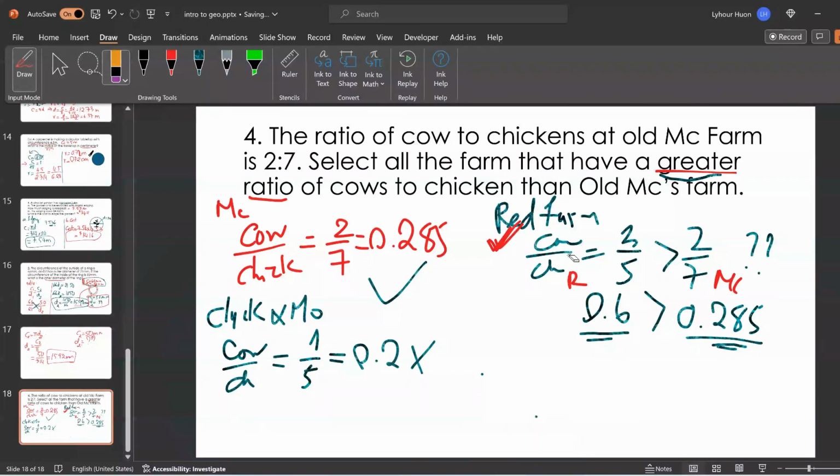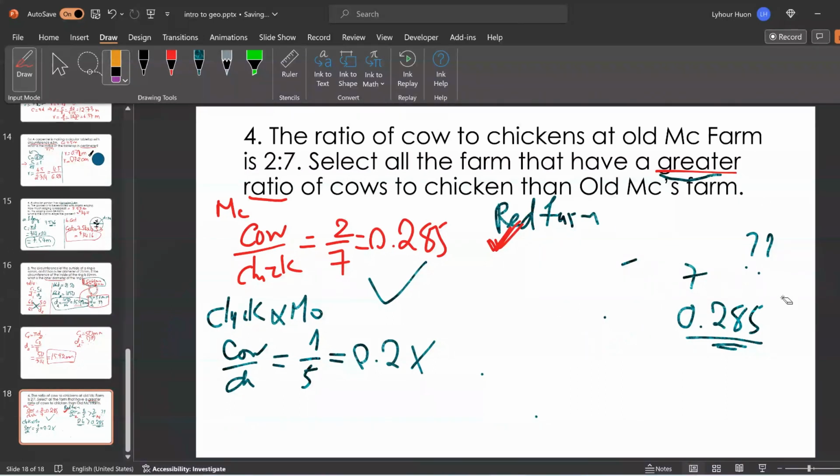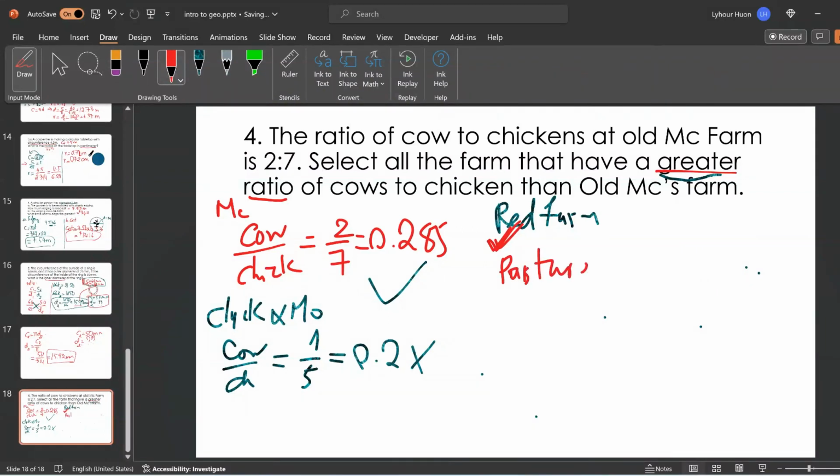Next. Now Red Farm, yes. Cluck and Moo, no. After that, it is Pasture, right? Pasture is 2/9, right? Oh, you missed one. T Family Farm. Oh, okay.